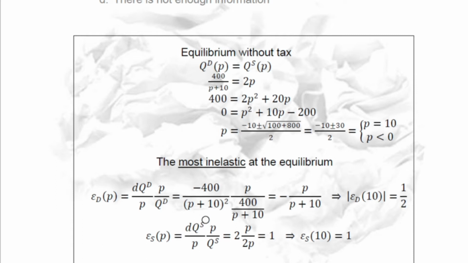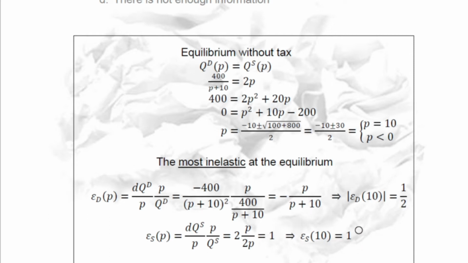The derivative of the quantity supplied with respect to p is just 2, and the price elasticity of supply then is p divided by 2p, so at the end 1. It's just 1. Well, it's very logical. I will not explain now why this depends on P and this doesn't depend on P in this exercise, but this is correct.